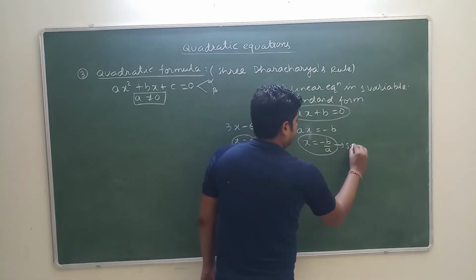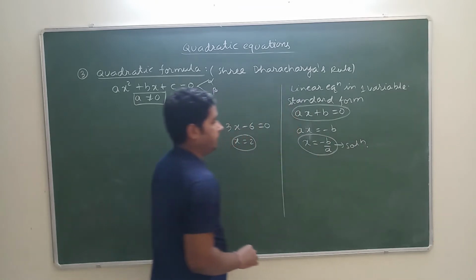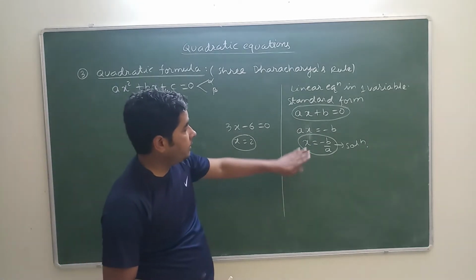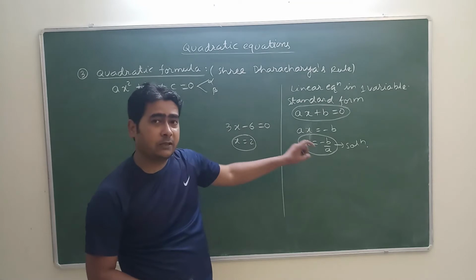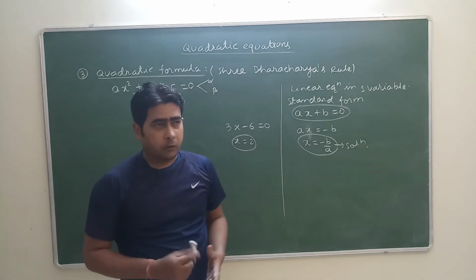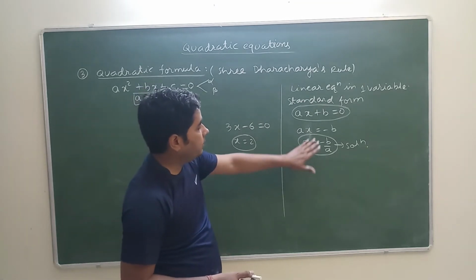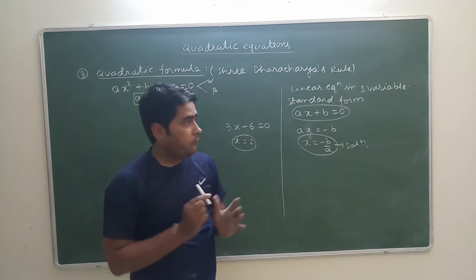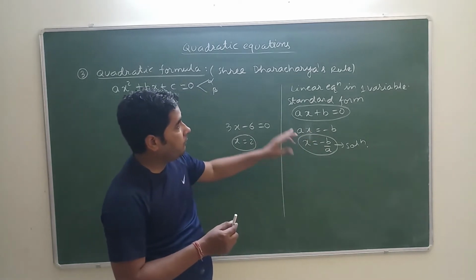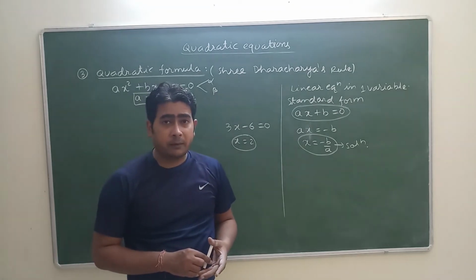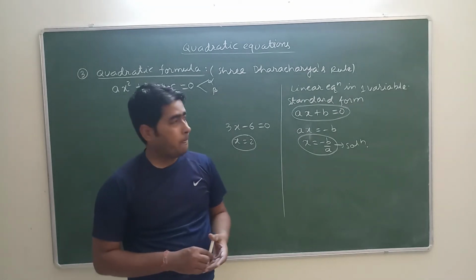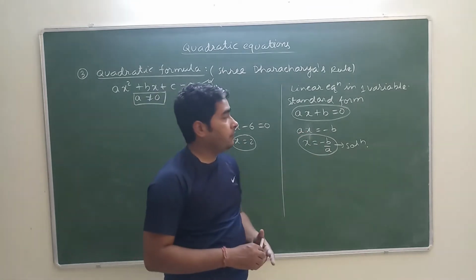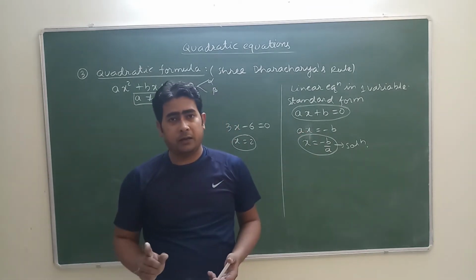This is the solution. What will happen if we start using this result as a formula? Will that be able to help us in solving every linear equation in one variable? Answer is yes. This rule or this solution is sufficient to give us the solution of any linear equation in one variable.